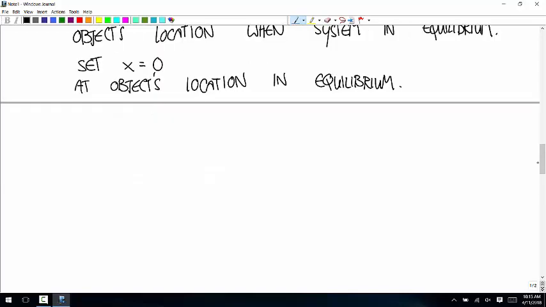Okay, so equilibrium is if it's just hanging there and you don't have any acceleration, the object's position.